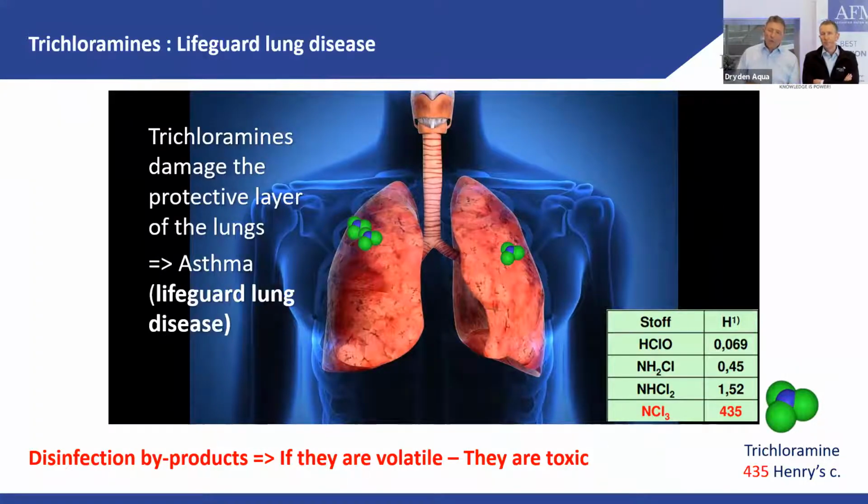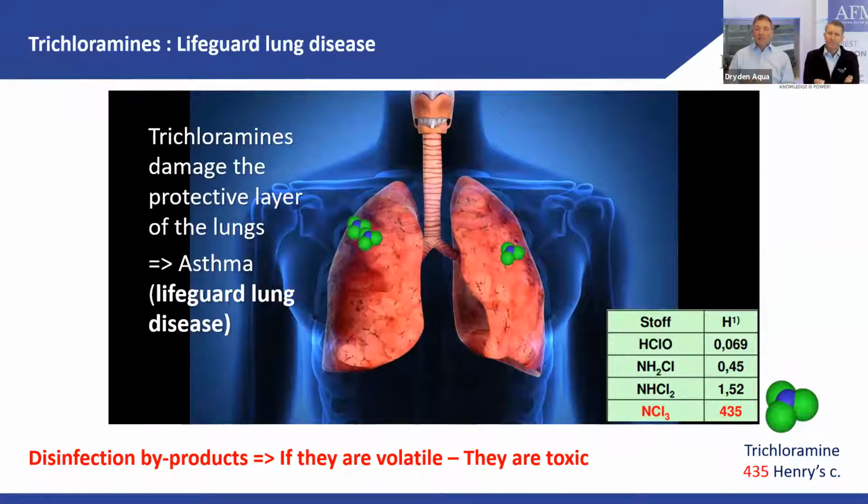And maybe one word also on these DPD measurements. Actually, from a health point of view, we should measure trichloramine in the air, and you can do this, but it's a lot more complicated. You have to take a filter and an air pump, 1 meter above the water surface, and then you pump the air through this filter for 1 hour, and then you analyze this filter.